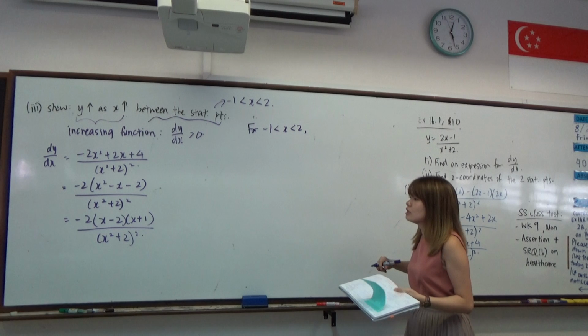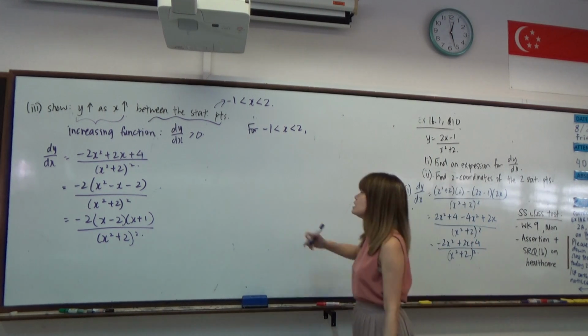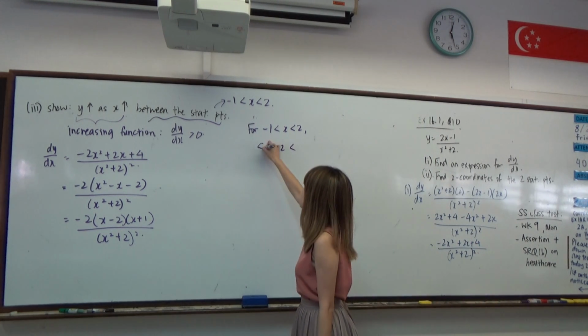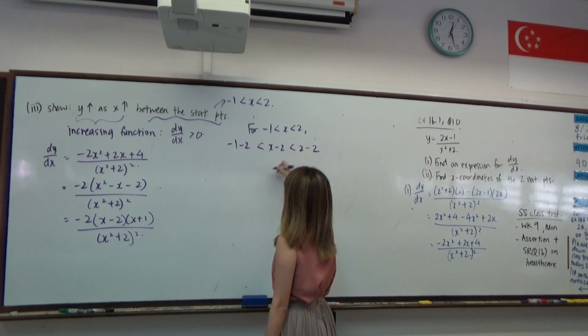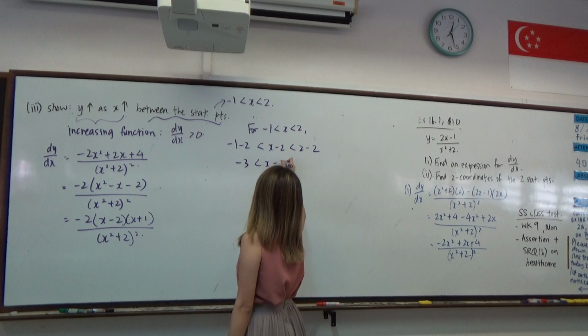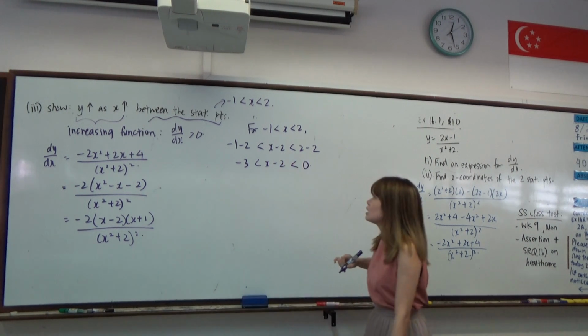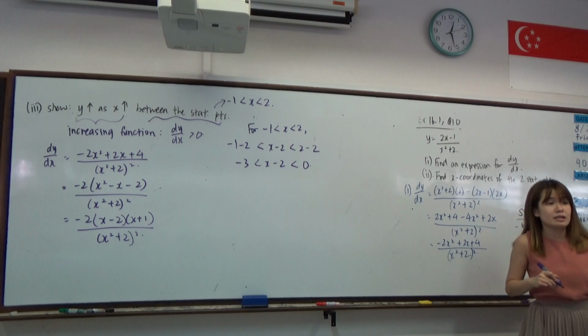Looking at the interval, in this interval itself, let's look at x minus 2 first. If I have x minus 2, that means I minus 2 on both sides: minus 1 minus 2, 2 minus 2. So x minus 2 will always be negative.